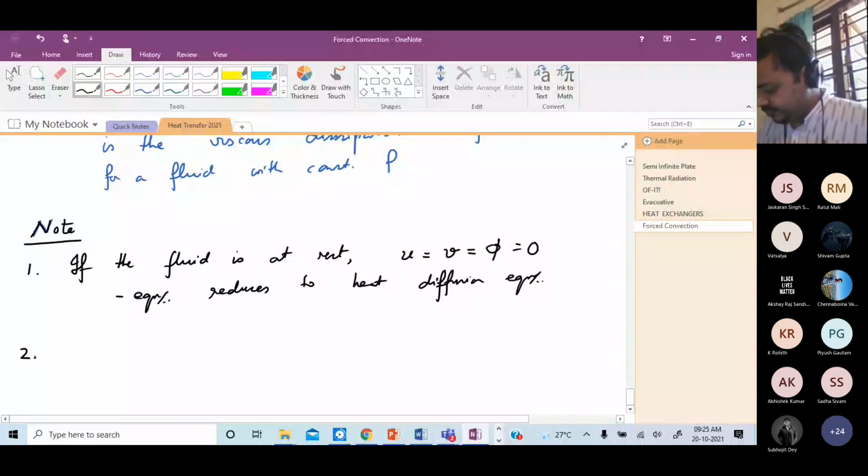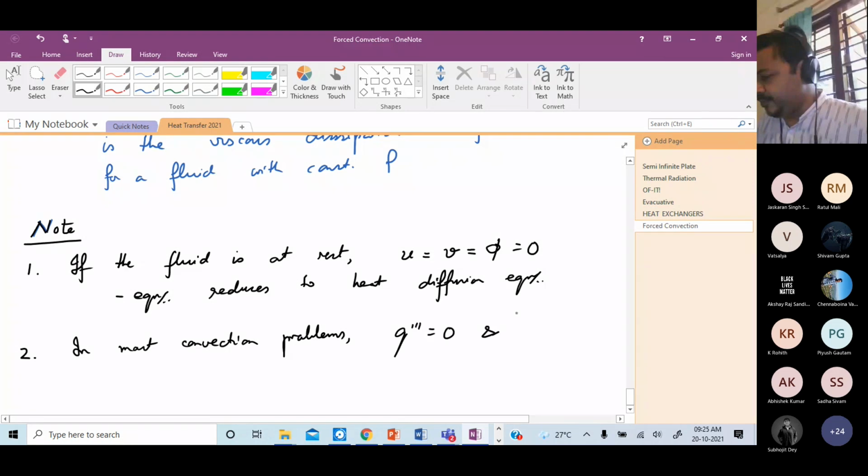Secondly, I would say in most convection problems that we are going to face, q triple prime will be 0, and this viscous dissipation, which is given by mu times phi, is negligible.